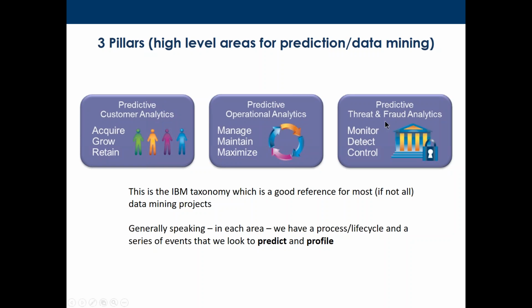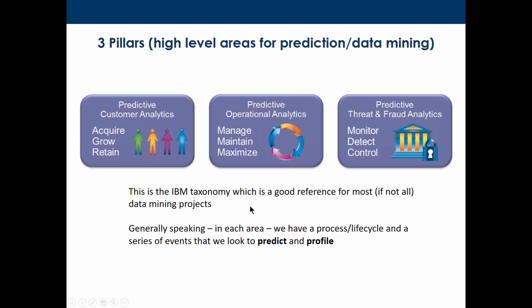And the third and final area, which has been around for a long time but for various reasons is also growing, is the area of threat and fraud analytics. So this is where credit card fraud and what we might think of as more traditional fraud exists, but it's also where some of the more modern digital cyber fraud exists as well.